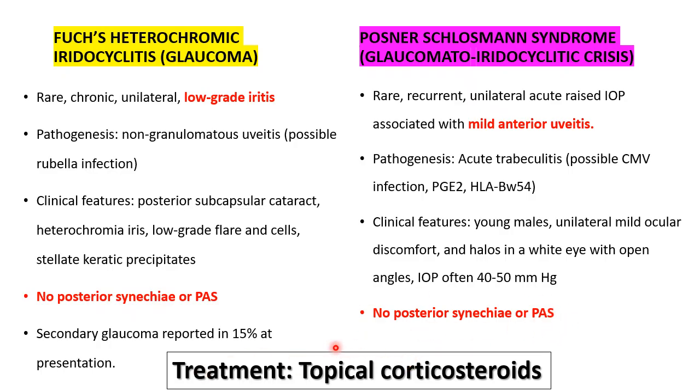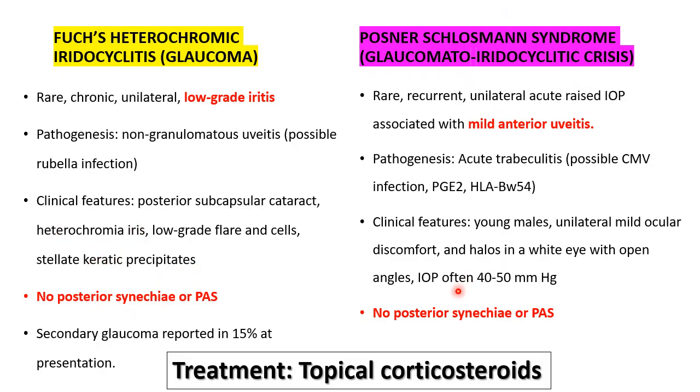Treatment for both is topical steroids, just like the treatment of uveitic glaucoma. So you have to remember it's a low grade iritis, and no PAS are seen in both of them. Apart from that, you have to remember their individual features. This one has a posterior subcapsular cataract, very common, and heterochromia iris and stellate KPs.